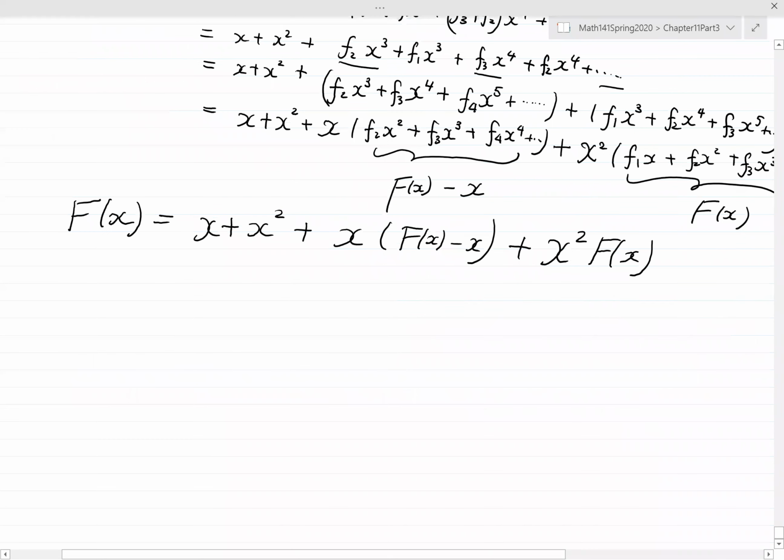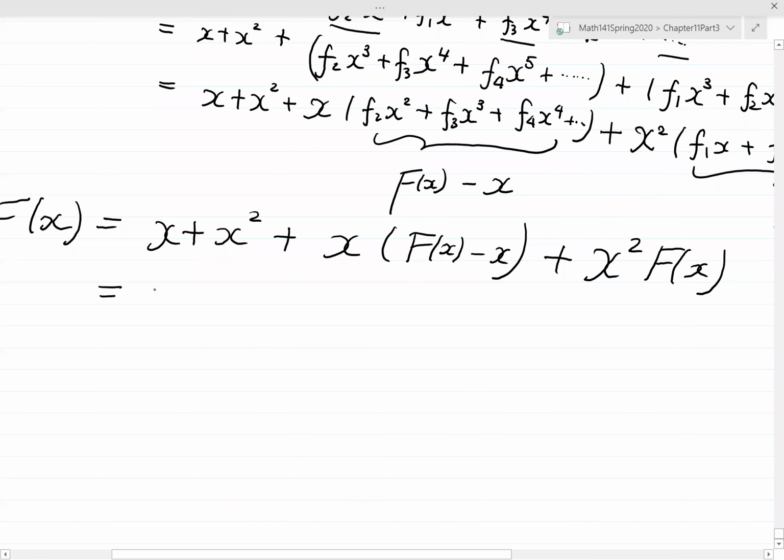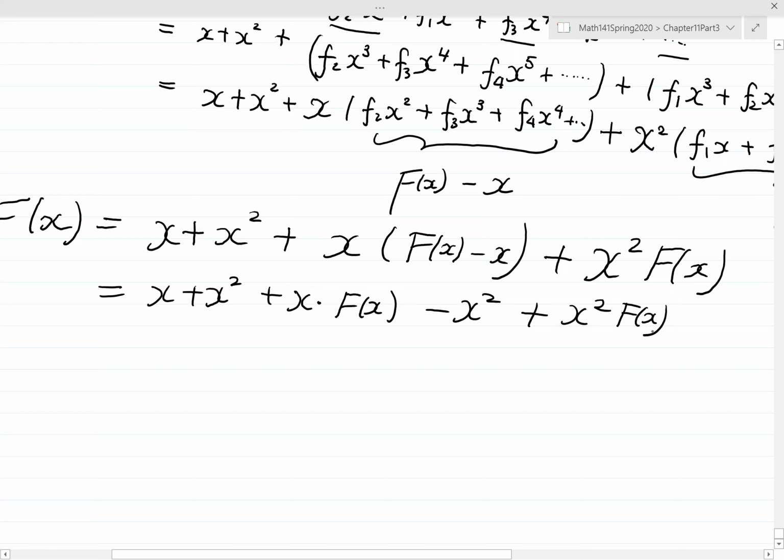Now if you rearrange this, you get x plus x squared plus x times capital F minus x squared plus x squared F. Now negative x squared cancels x squared. So this will be x plus x F(x) plus x squared F(x).